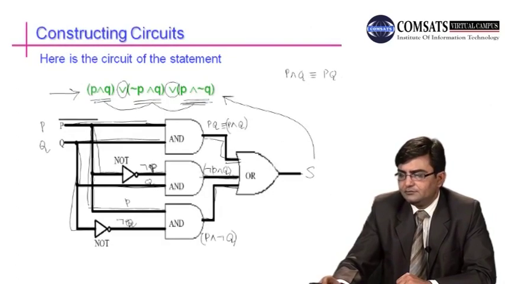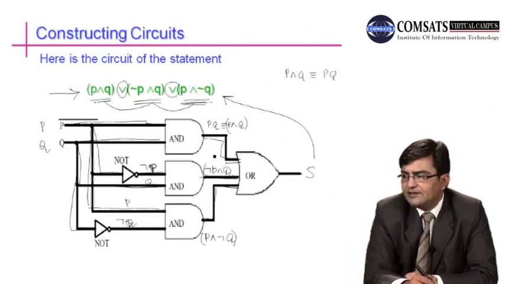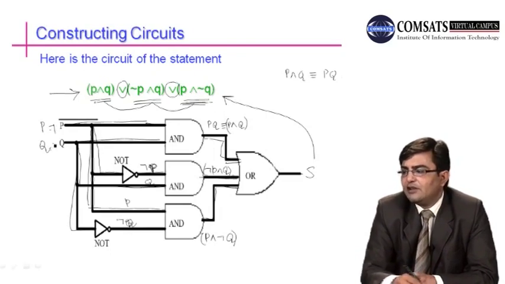Similarly, if we give inputs in this circuit, for example P is 1 and Q is 1, then we can find the output. Here we have 1 because we have AND operator, the input is 1 and 1, so the output is 1. Here we have 1 1, but here we have NOT operator, the input will come here 0, here 1, so the output will be 0.